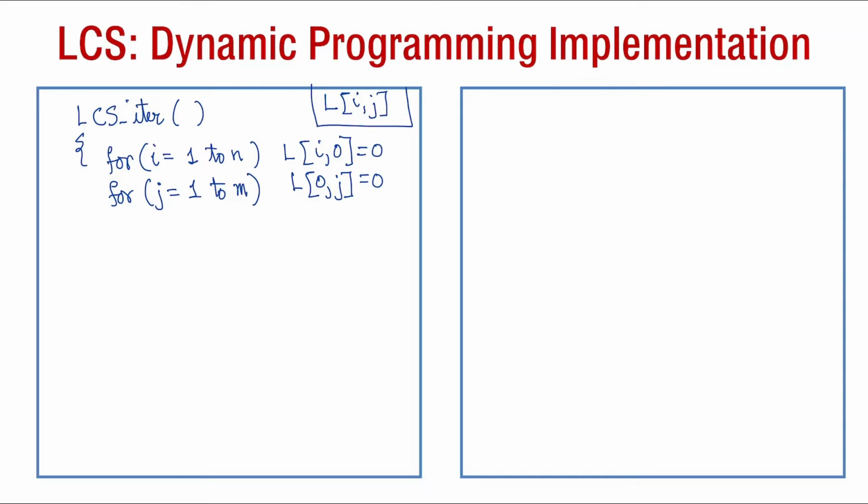So this initializes the first column. The first one initializes the first column, the second one initializes the first row. And then if we go row-wise, then we will write down a double loop.